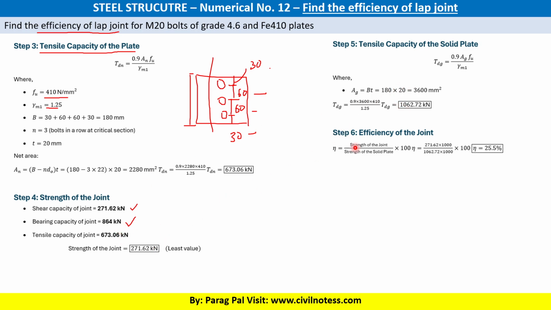The efficiency of the joint is calculated by the strength of the joint, which is 271.62, divided by the tensile capacity of the solid plate, which is 1062, with all converted into Newton by multiplying by 1000, and multiplied by 100. So you will get the efficiency of the joint as 25.5%, and this is your answer.